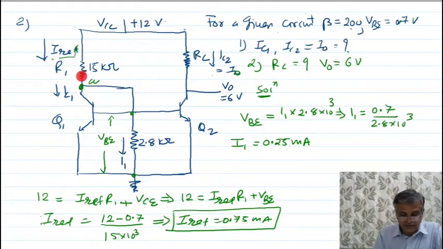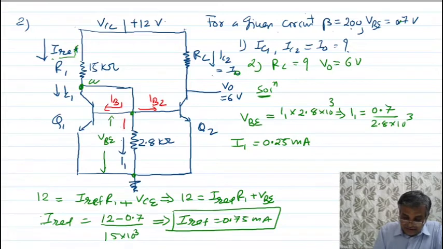So this current is equal to this current IC1 plus IB1 plus IB2 plus this current.